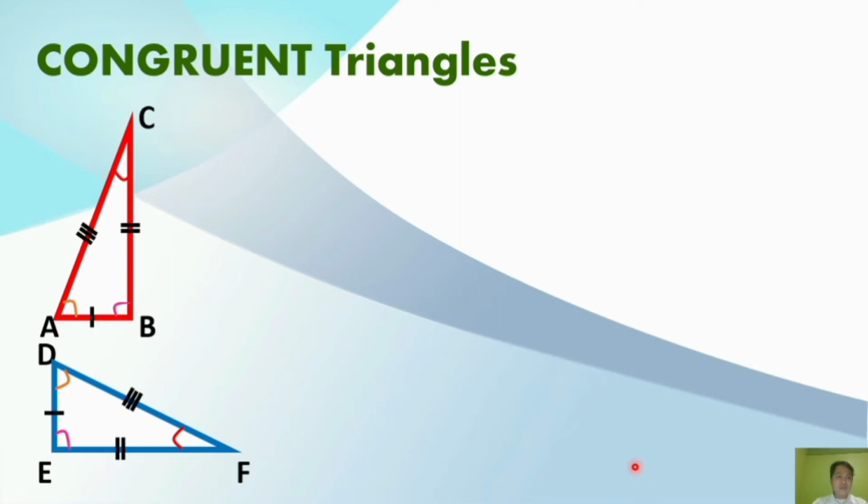Okay, so in these two triangles, this is just a review. We are going to identify the 6 pairs of corresponding parts that are marked congruent. Let's start with the 3 pairs of sides. Side AB corresponds to side DE. So therefore, side AB is congruent to side DE.